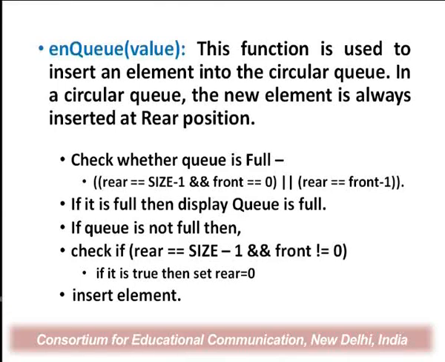This comes when your front goes to, let us say, 2, and the rear pointer after reinitializing from 0 goes to 1. So rear is 1 and front is 2. Again in this situation you can imagine that your queue is full. So either rear equals front minus 1, or rear equals size minus 1 along with front equals 0. Both conditions will be checked to see whether the queue is full.